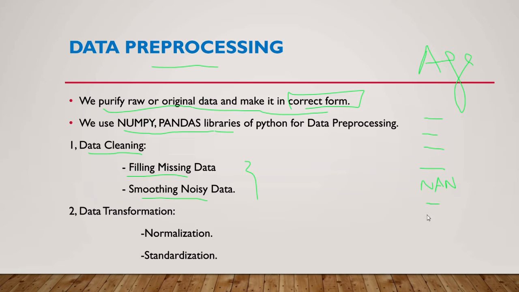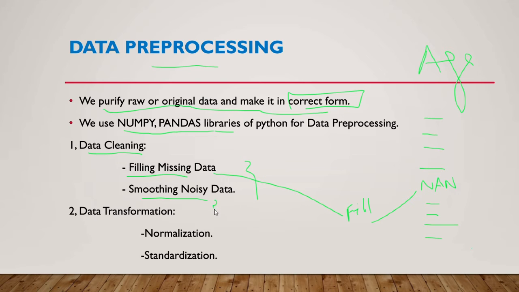Then again values are present: 20, 50, 60, 70. So we have to fill these types of missing values. I showed you only one NaN value. In original real-world datasets, there are many missing values, many NaN values, many null values. So we have to fill the missing values, and there are some criteria for how we can fill them. Sometimes we drop the feature, and it depends on the ratio of the missing values. We will see this in our future videos.